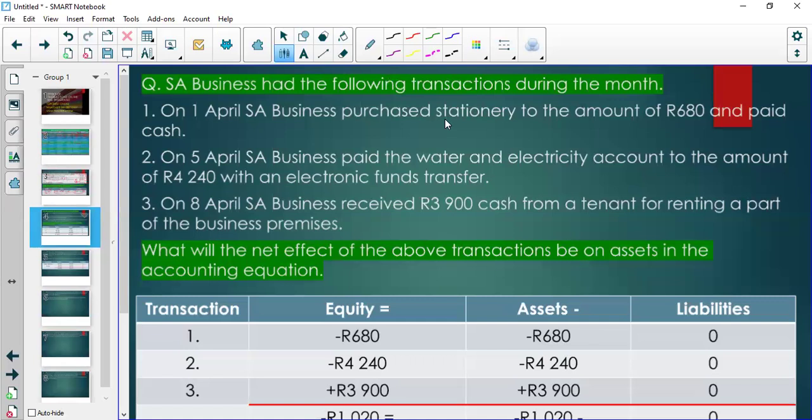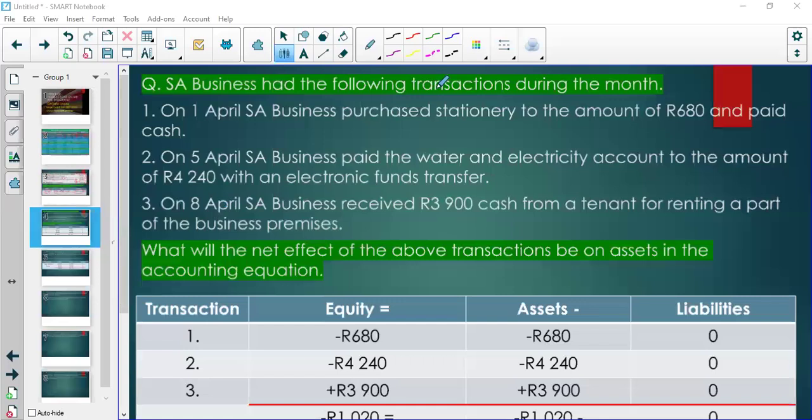Now the next question, I'm going to show you a little bit as well of the double entry, the general ledger accounts. Because this is our first session, I need to explain to you what is a general ledger. So a general ledger is like a folder, right? Remember that we, as a business, need to be able to trace our income, to trace our expenses, to trace our assets, to trace our liabilities, so that we can know who hasn't paid us our money, who we haven't paid, so that we can pay.